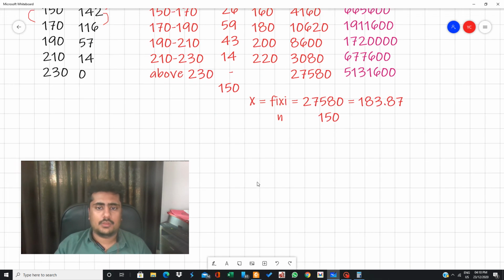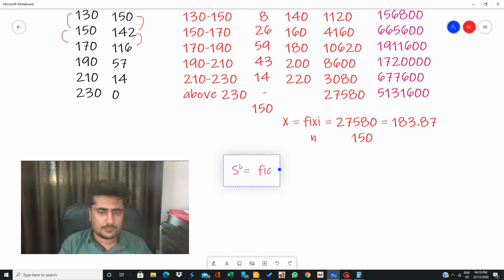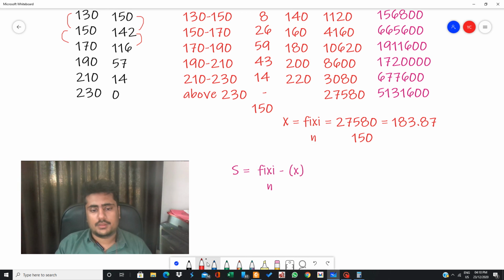So now my standard deviation is the root of sigma fxi square upon n minus x bar whole square.